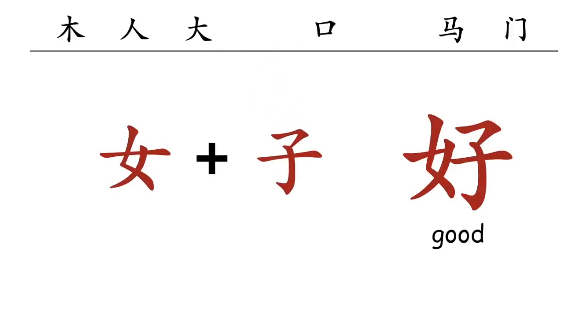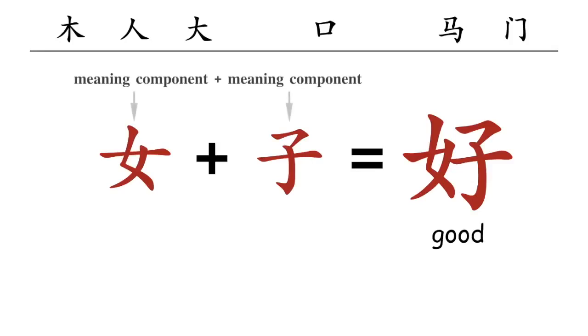In the concept of Chinese, having a wife and a child means good. So the character is formed like this. In this character, both female and child are being used as what we call meaning components. Why call it meaning component? Because the character good is borrowing the meaning of female and child.